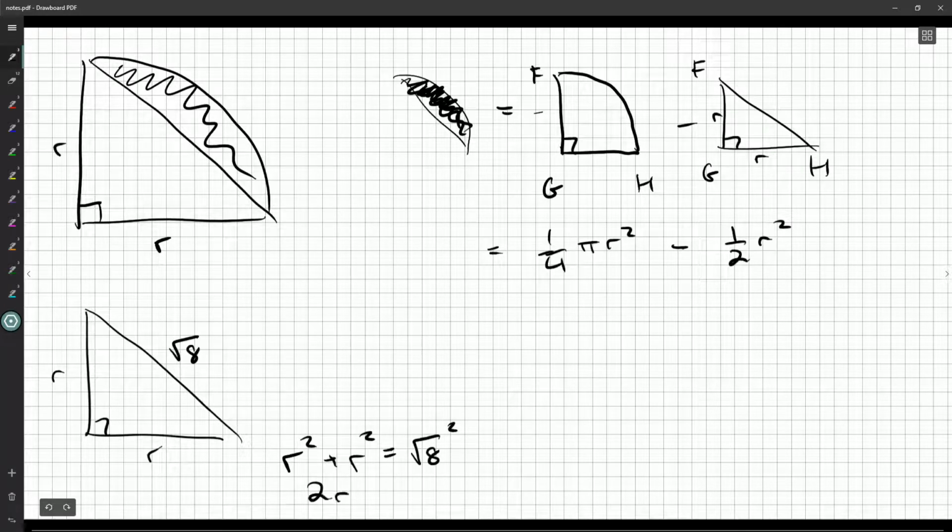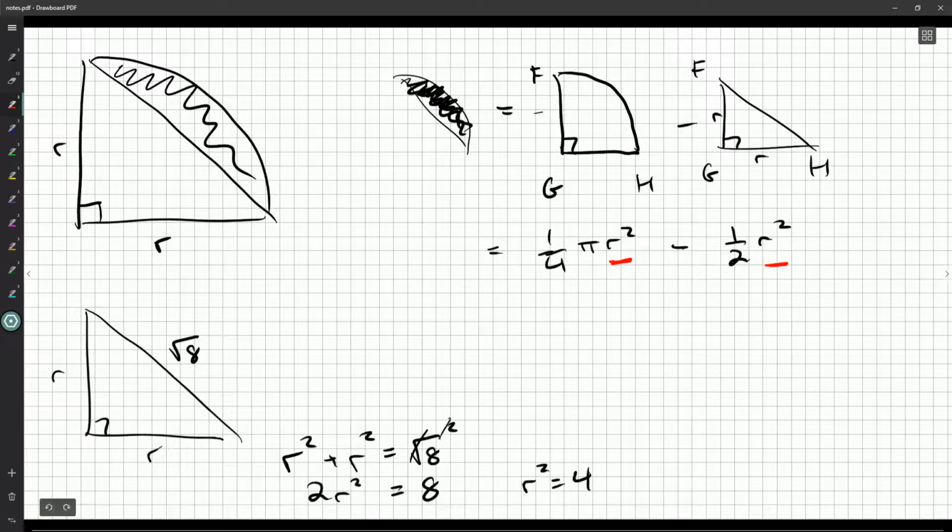And then you can say, 2 copies of r squared, and root 8 squared, the root and the square cancel out, just 8. Divide by 2, you'll get r squared is 4, and now you can work out r if you want to. r is 2. But if we take a look here, we need r squared for the area of the circle, we need r squared for the area of the triangle. We don't actually need r itself, just r squared.